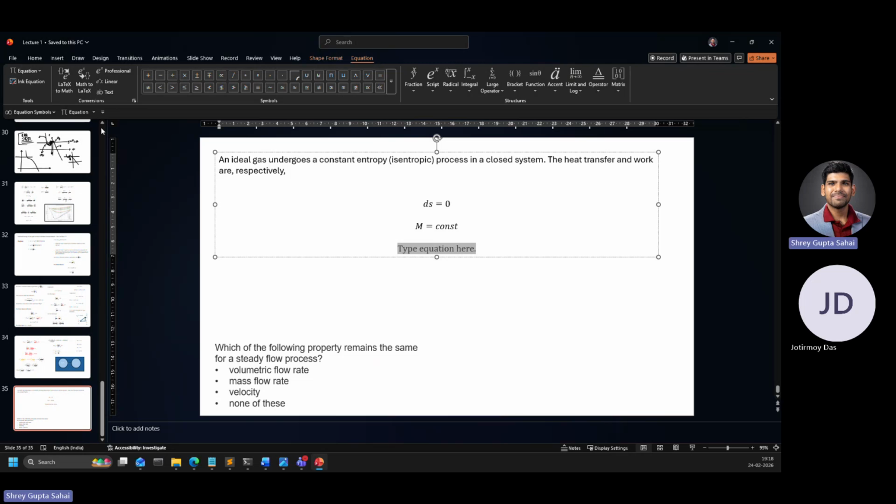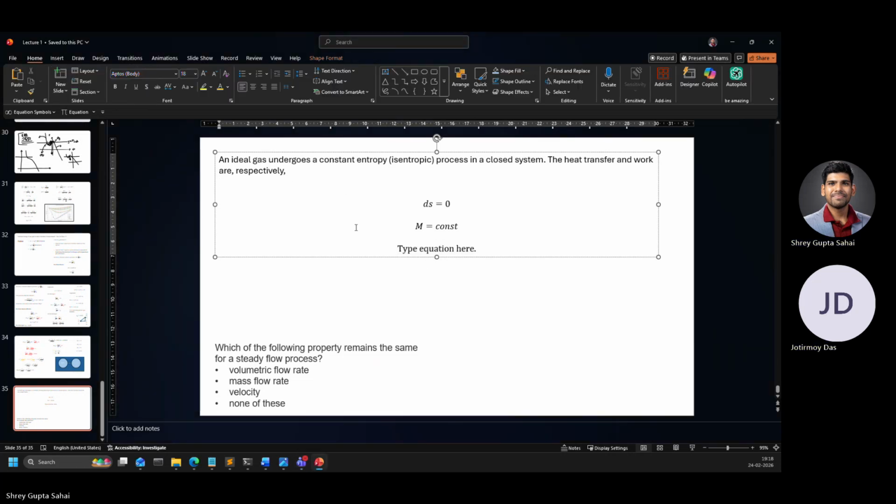I think we need to say whether the process is reversible or not. Yes, that is what I was thinking. It is not mentioned anywhere. I think it should be reversible. Only then we can make some progress. Let's say it's a reversible process.